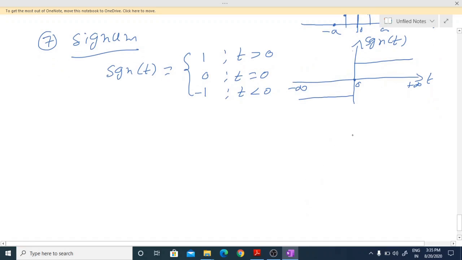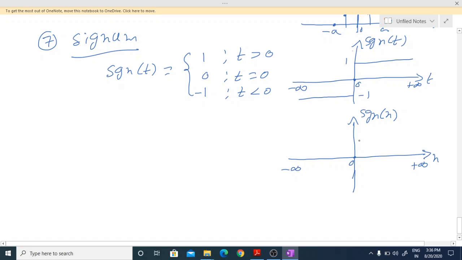And we can represent the same signum function in the discrete case as, so this is plus 1, minus 1. In our discrete case, the same signum function will be drawn as 0, plus infinity and minus infinity.